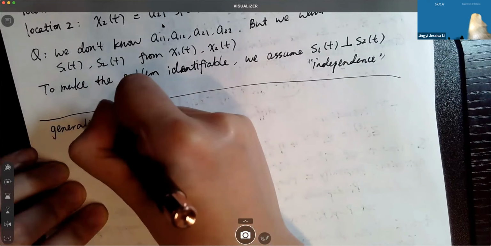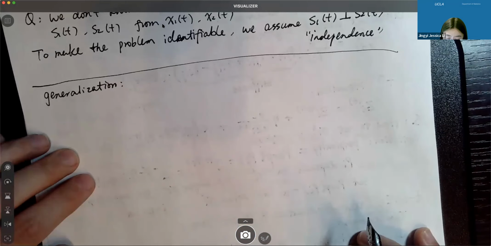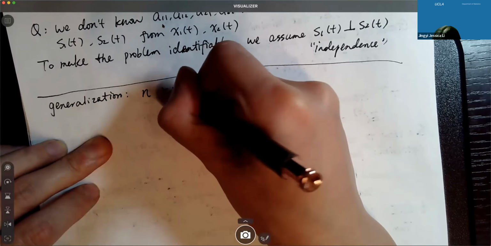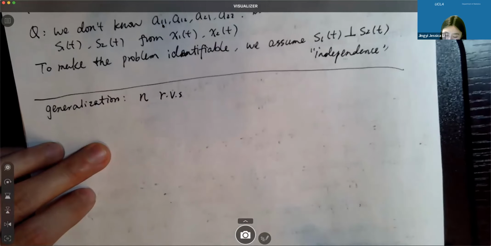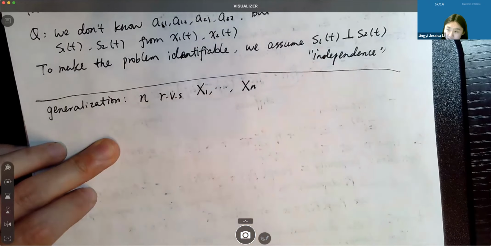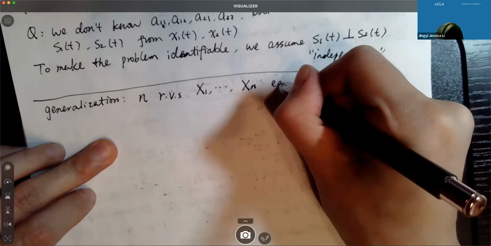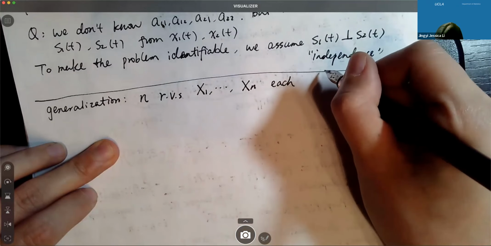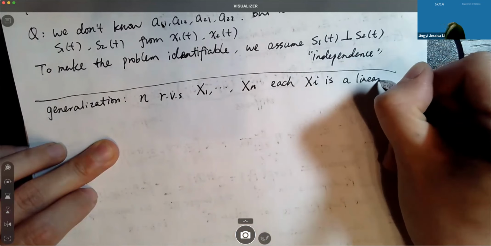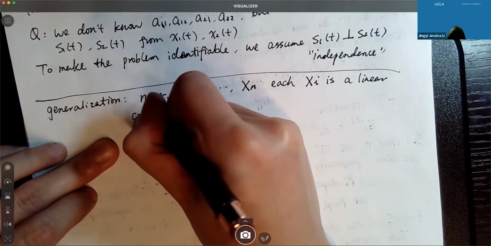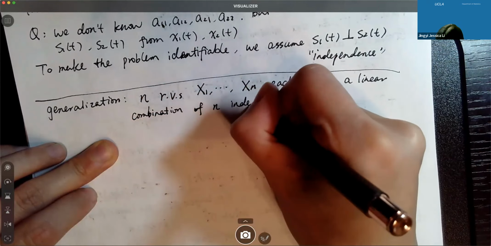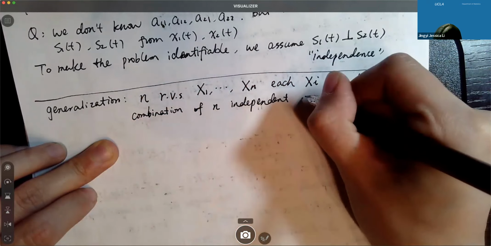So therefore, we can generalize this ICA into this problem. So we have n random variables. Now we're using the probability discussion and random variables X1 to Xn. And each Xi is a linear combination of n independent random variables.